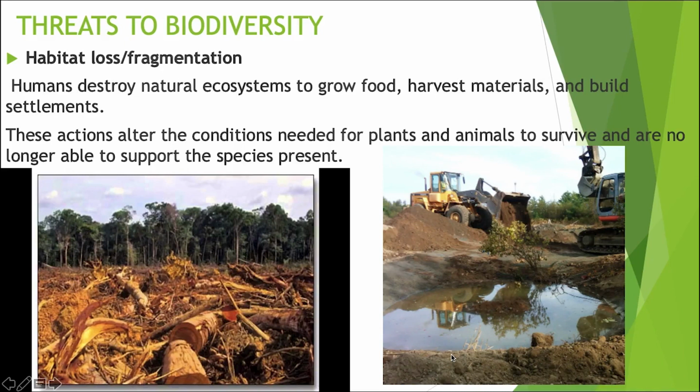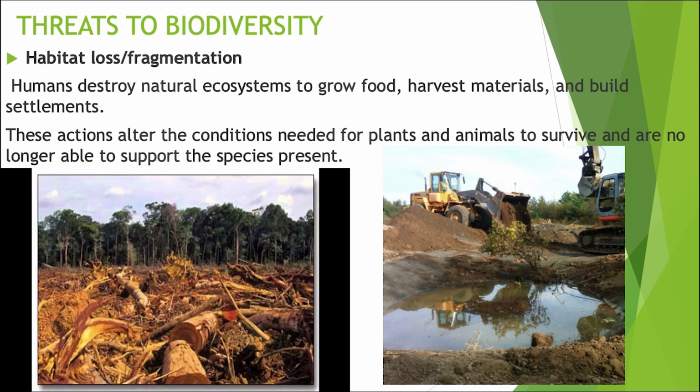Biodiversity is facing many threats today. One of the most important threats to biodiversity is habitat loss or fragmentation. Humans destroy natural ecosystems to grow food, harvest materials, and to build settlements. These actions can alter or even eliminate the conditions that are needed for plants and animals to survive.